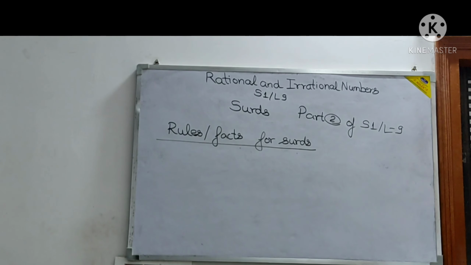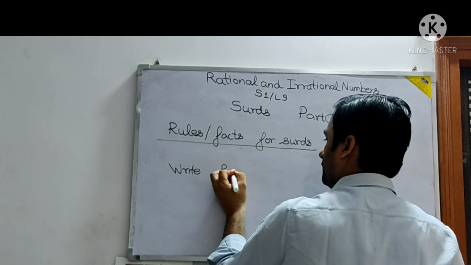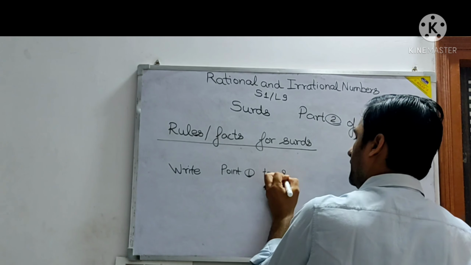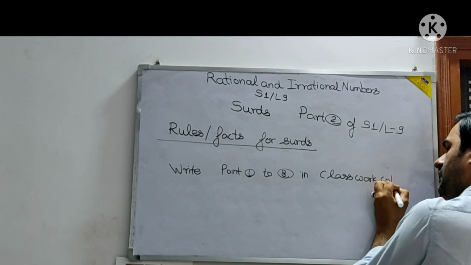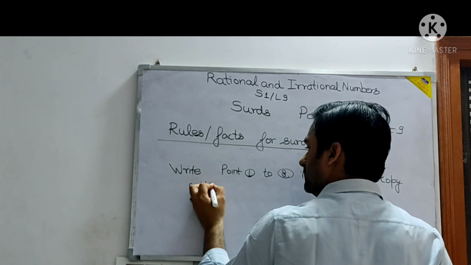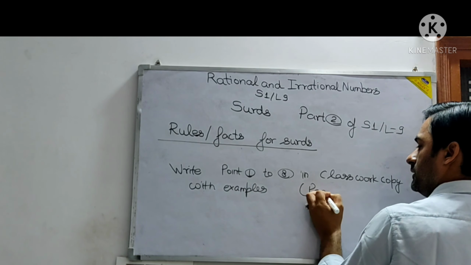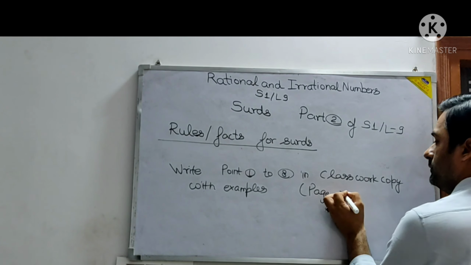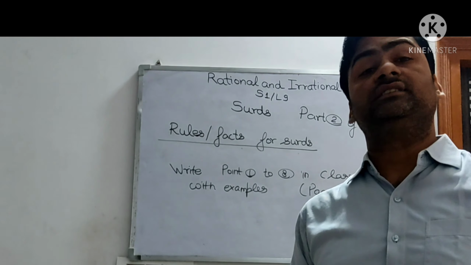First of all, surds are altogether new for you, and the operations on surds are also new. So points number 1 to 8 must be there in your classwork copy with the examples, given on page numbers 25 and 26, so that you can see them every time.